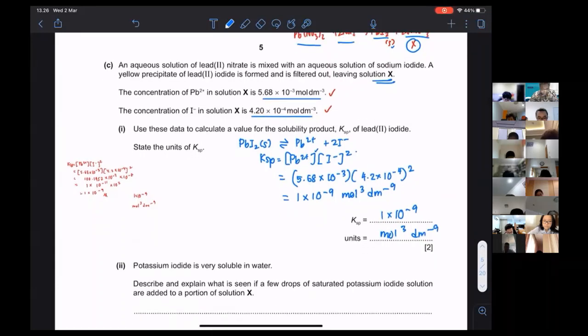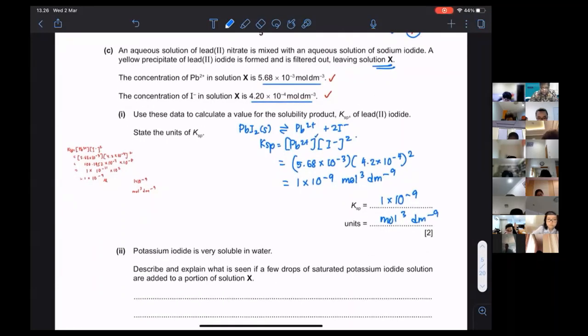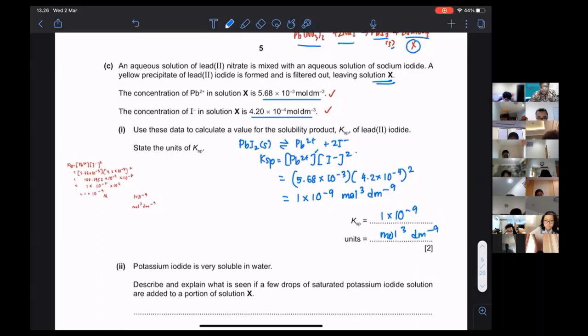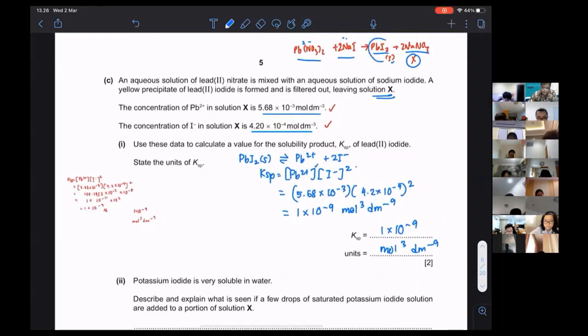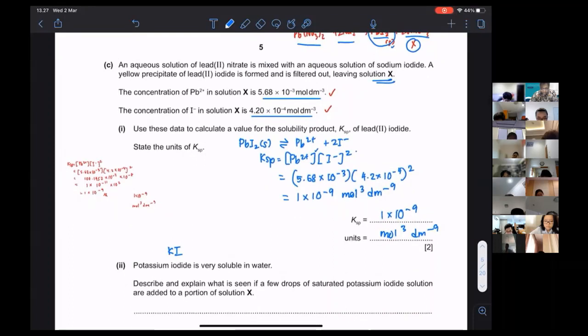Then they said that potassium iodide, don't get confused, this is lead iodide. You are adding potassium iodide, KI, in water, and then describe what will happen if a few drops of potassium iodide are added to a portion of solution X. We know this is a Ksp.